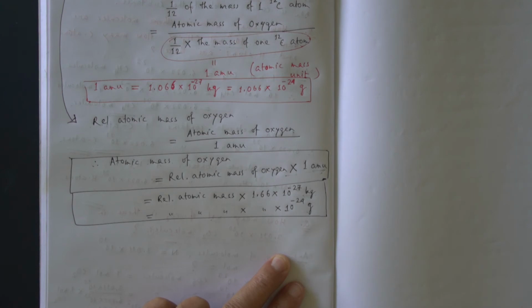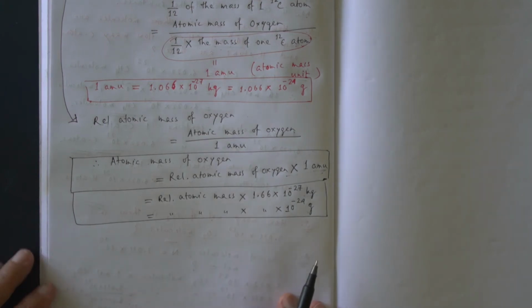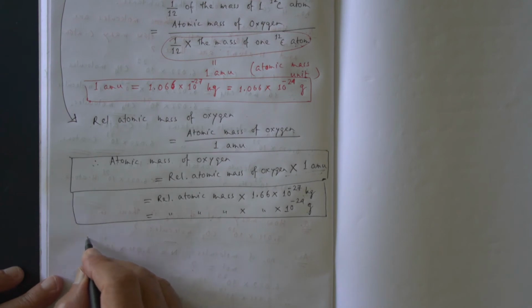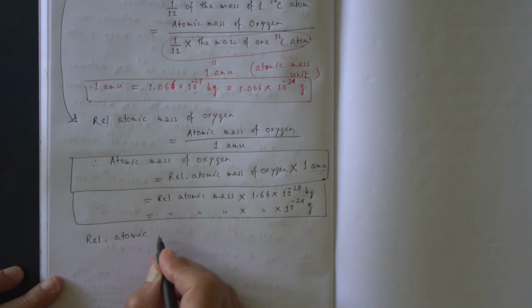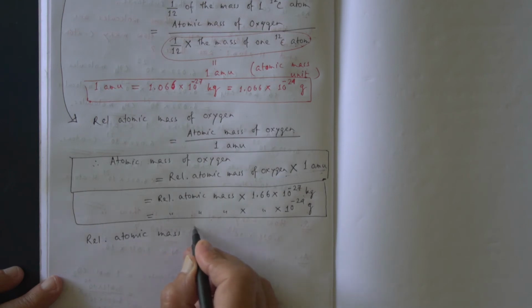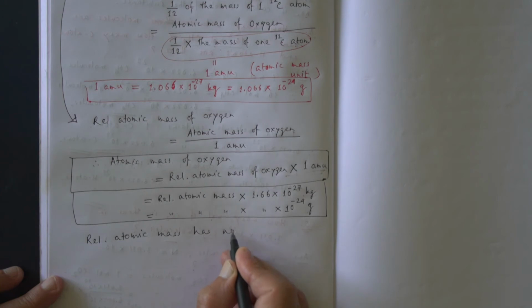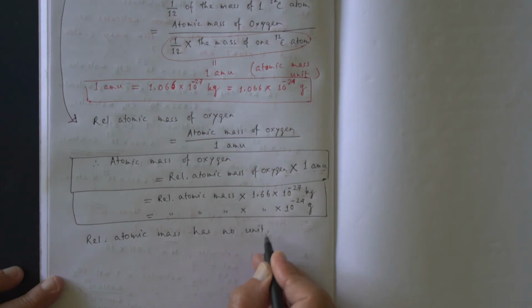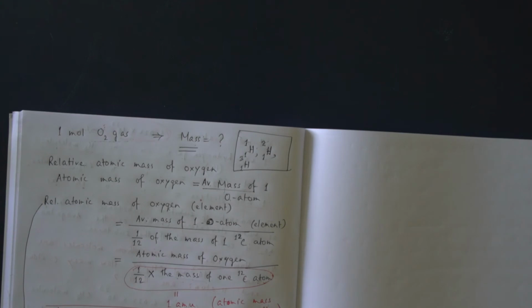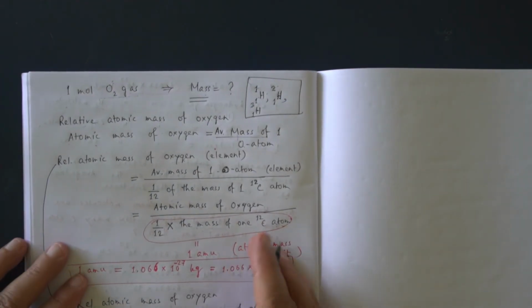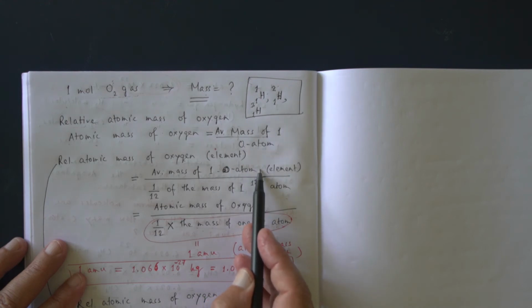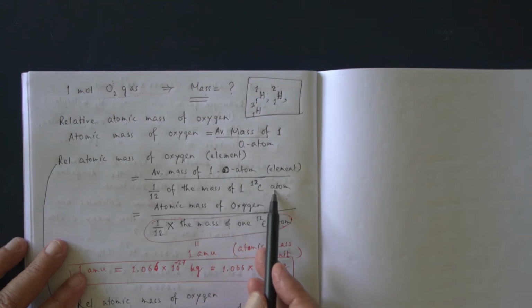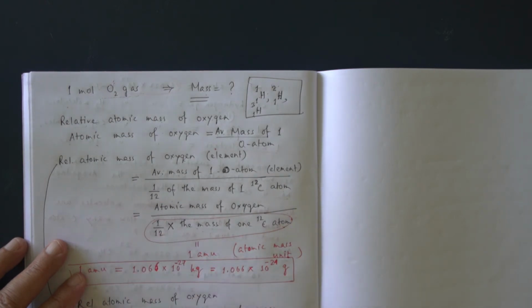Okay, now you see relative atomic mass has no unit. Here you see, the average mass of one oxygen atom is in gram, and the mass of one carbon 12 atom is in gram, so gram cancels. No unit.